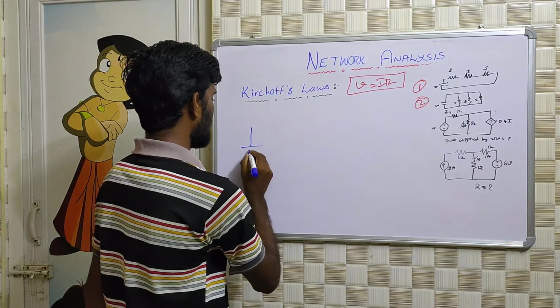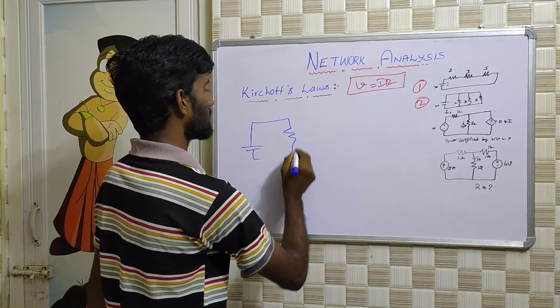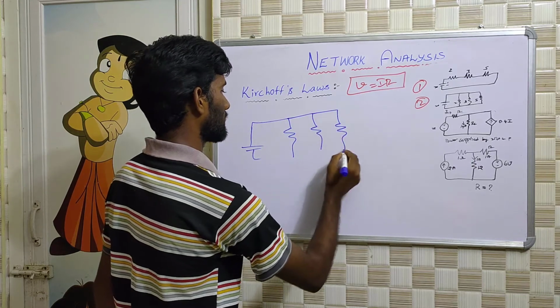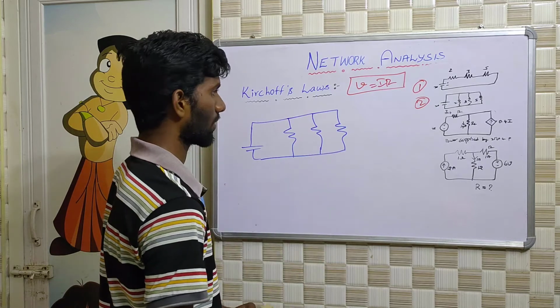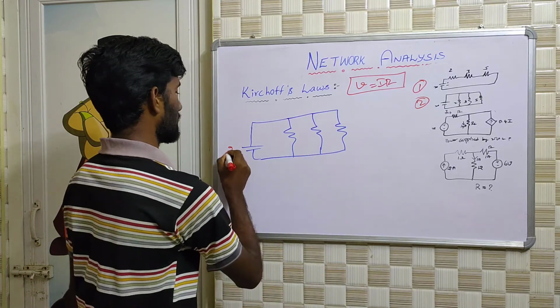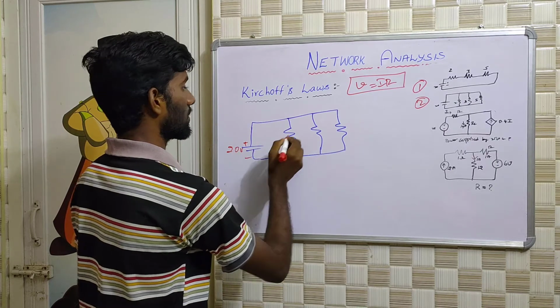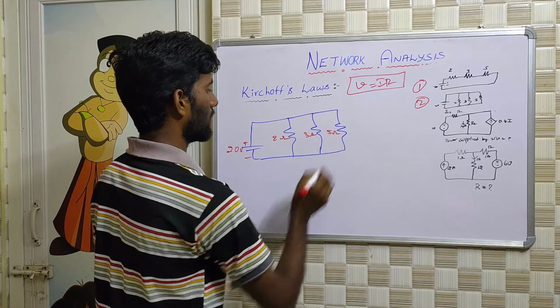It is a parallel circuit. This is also 20 volts, with 2 ohms, 3 ohms, 5 ohms.